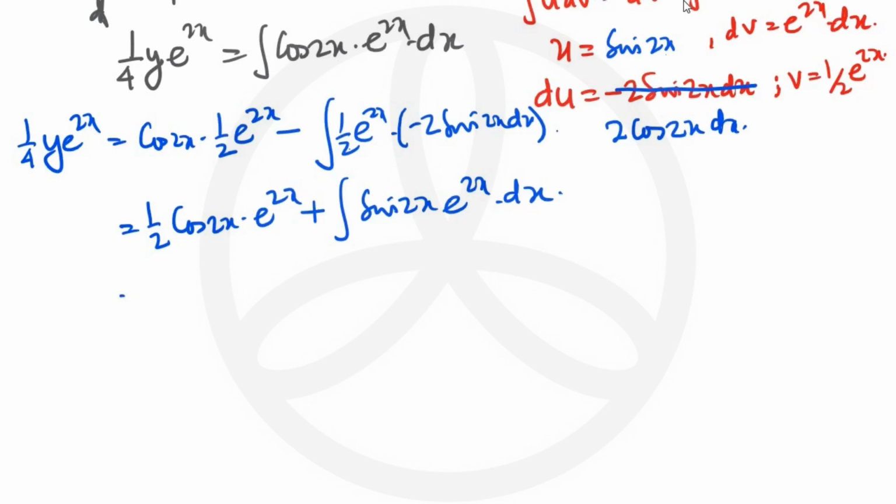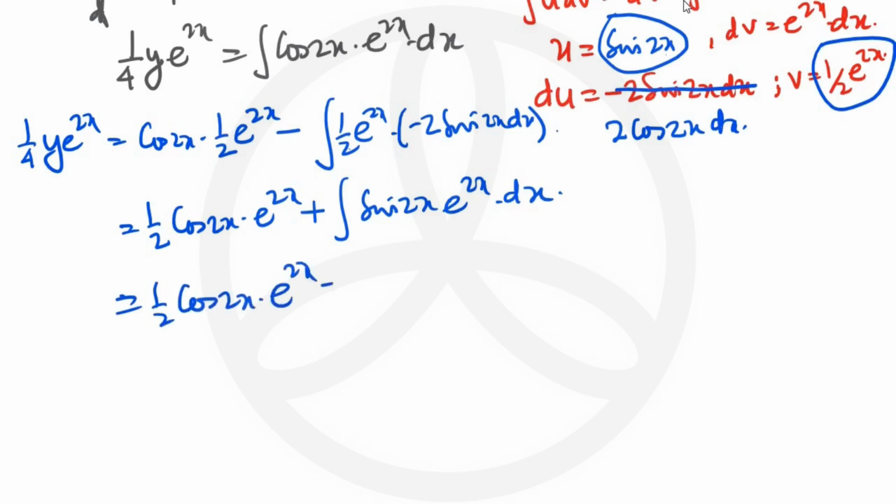So what we will get here, uv: we get u and v, so half of cos 2x e to the power 2x plus uv will become here sin 2x, half of e to the power 2x, and minus of v du.